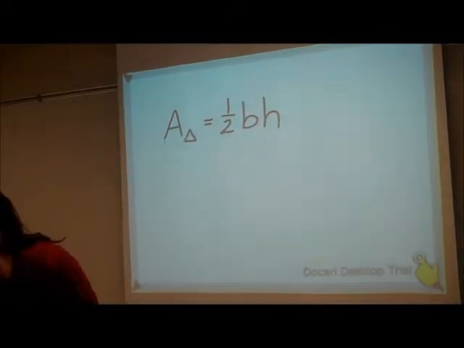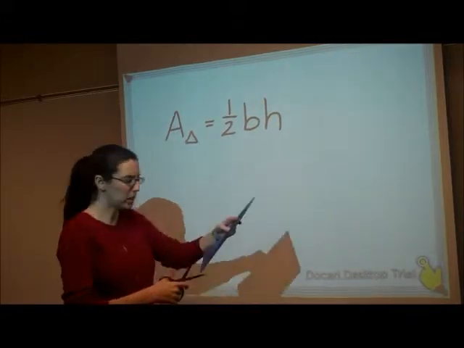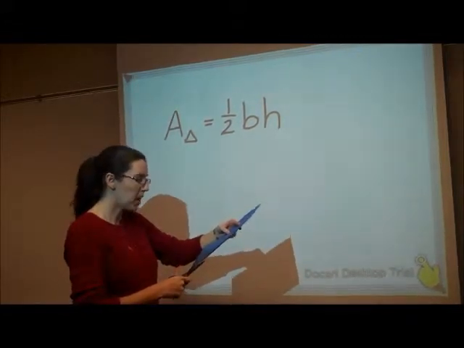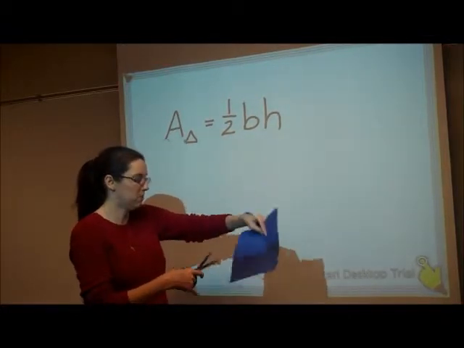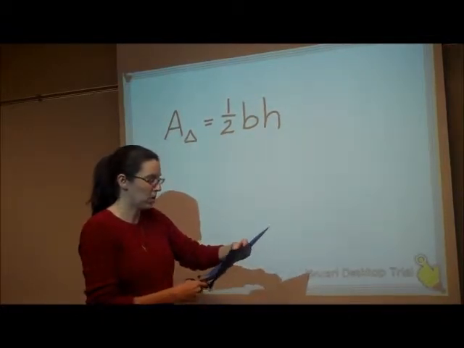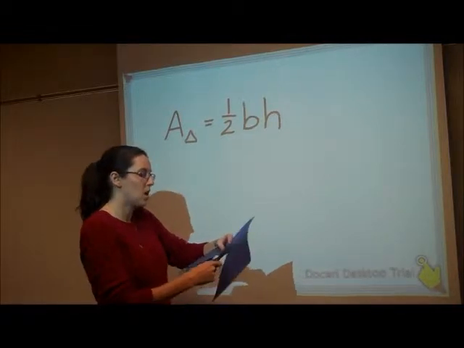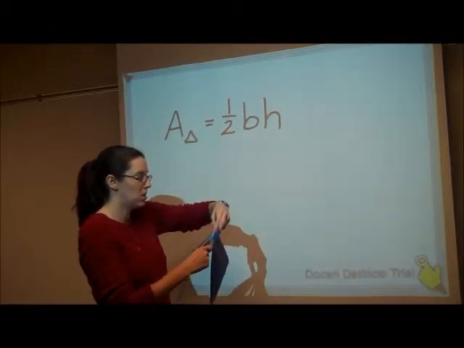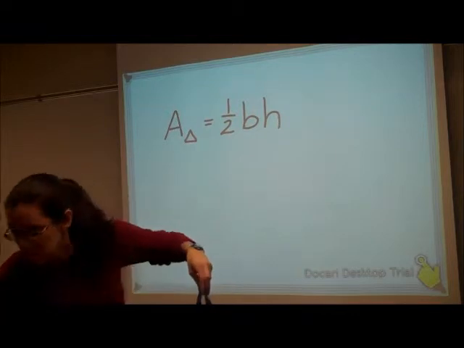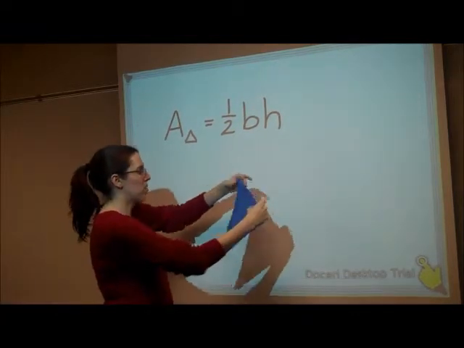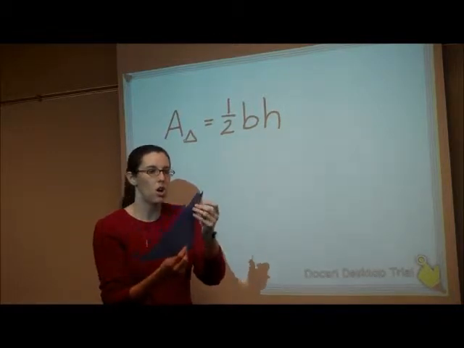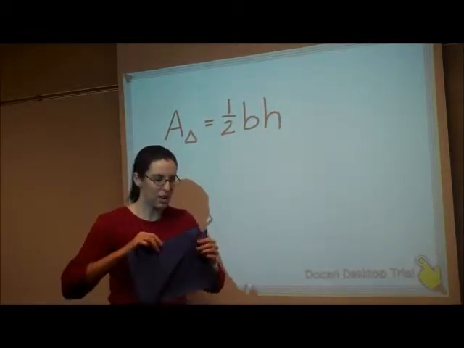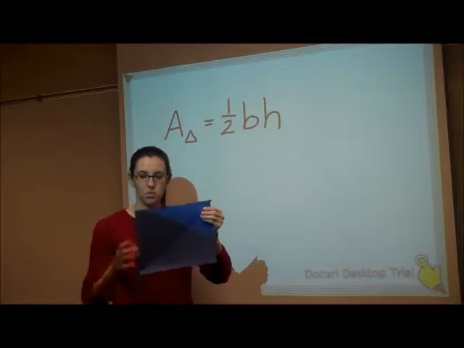Well, if I cut this rectangle in half by cutting along its diagonal, I would end up with two congruent triangles, all from my same rectangle.